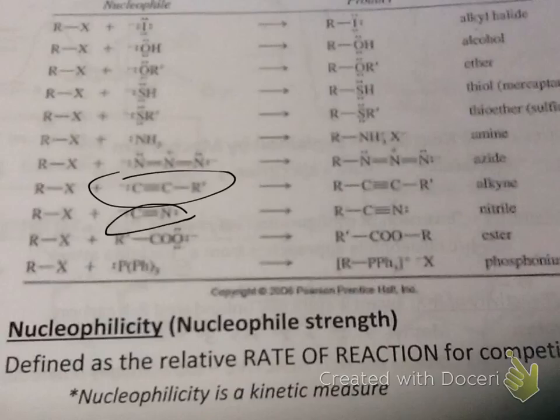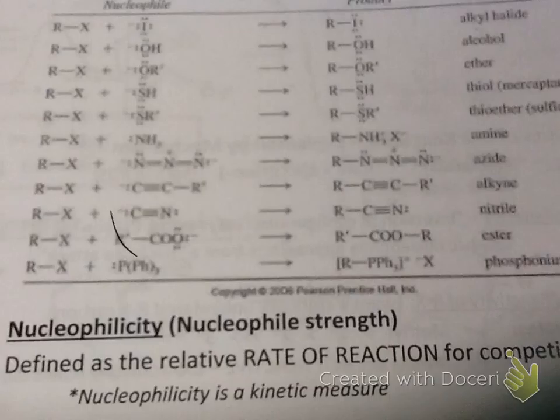We have the cyano group, the cyanide. Okay. And we have carboxylate anions, the deprotonated carboxylic acids. We have phosphines. So we have several different nucleophiles where we have some type of atom that contains a negative charge or just it's neutral. Notice the neutral ones are really polarizable or good bases also, like the amines, the sulfurs. But most of the time they're negative anions as nucleophiles.